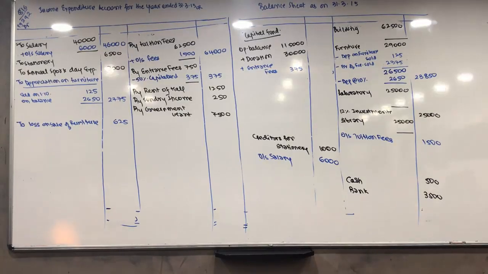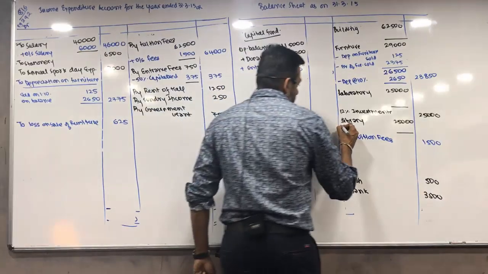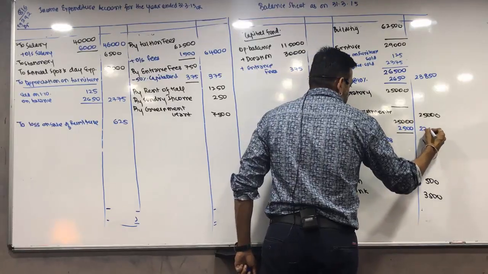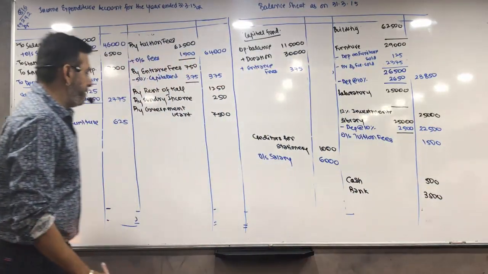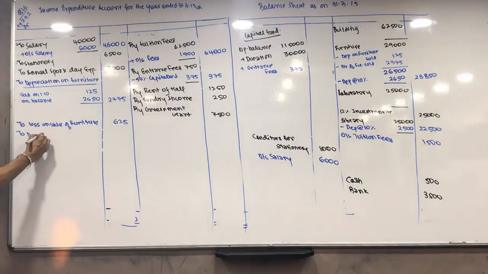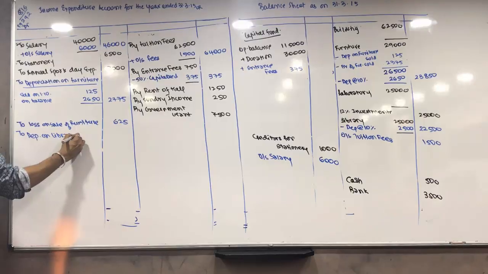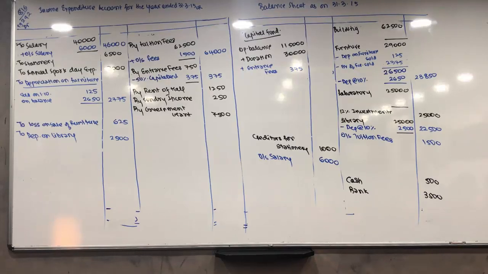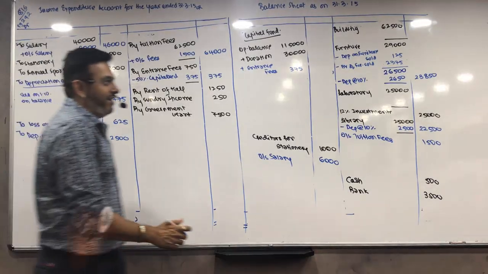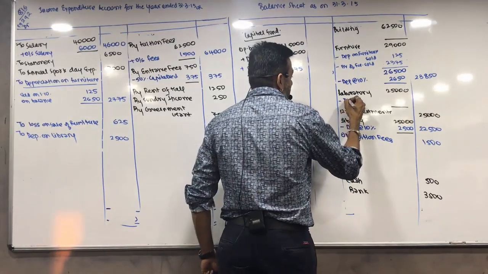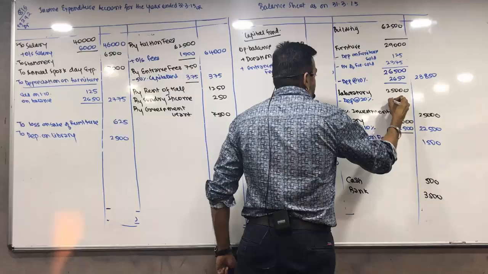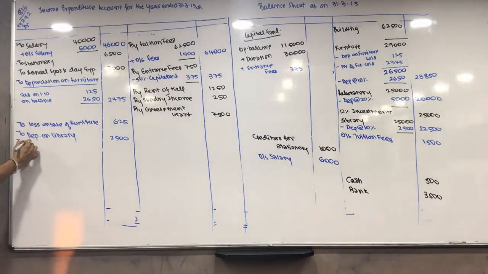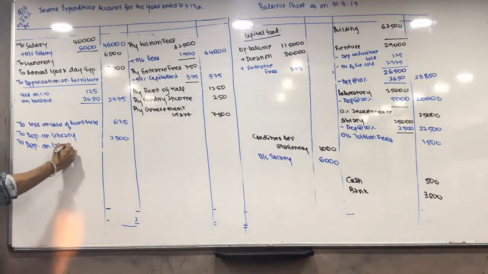Provided on library 10%, minus depreciation at the rate 10%, 2500, 22,500, to depreciation on library 2,500. 20% on laboratory, minus depreciation at the rate 20%, 5,000, 20,000, to depreciation on laboratory.